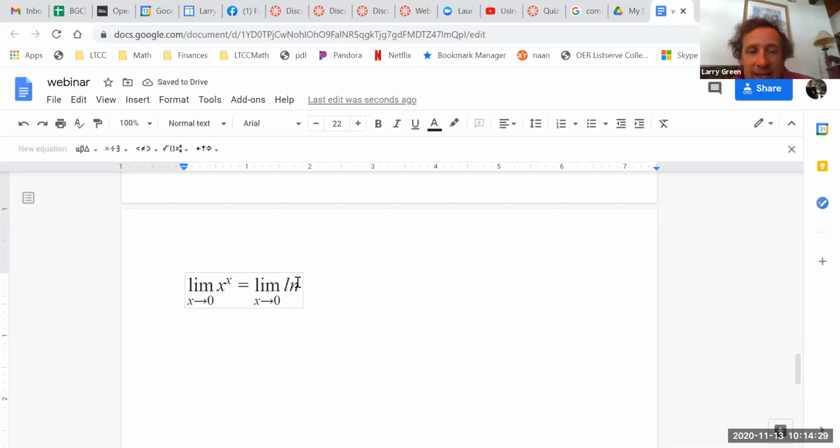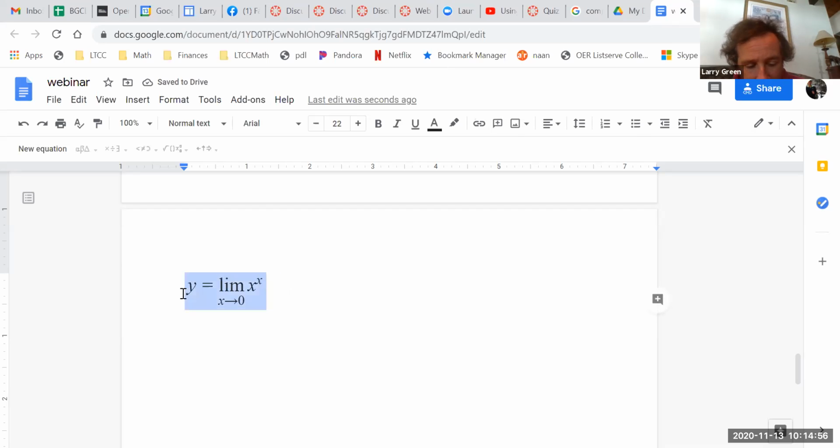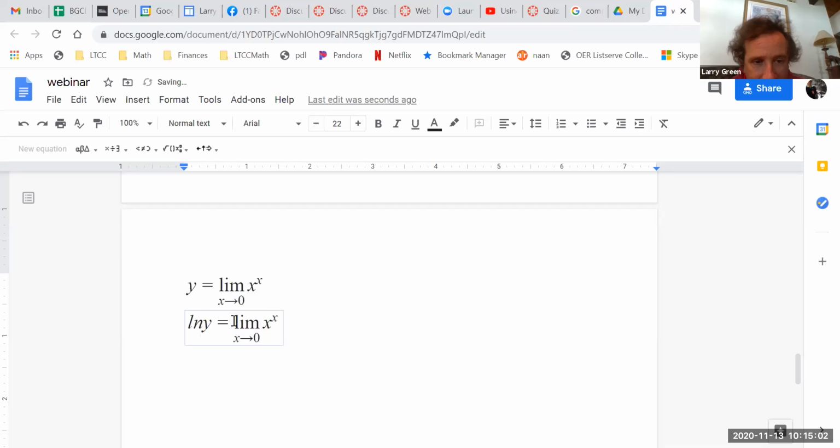And what I can do is take ln of both sides. So I could say ln of y is equal to ln of the limit, which is the limit of ln of x to the x, which is equal to x times ln of x.